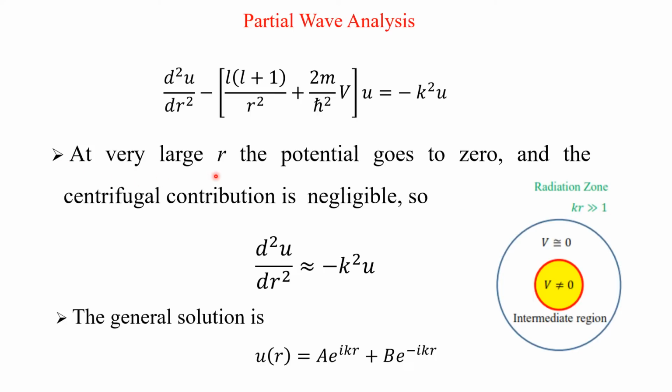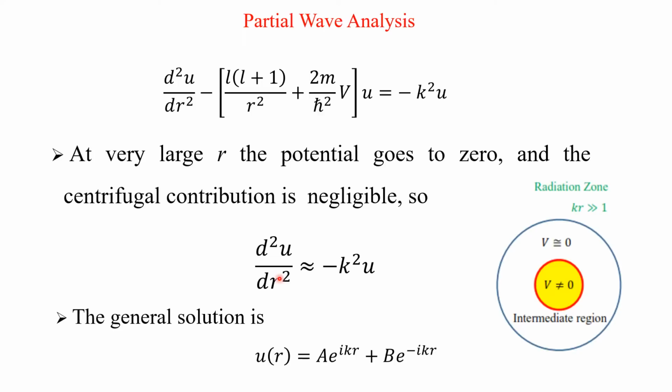So at very large r, the potential goes to zero and the centrifugal contribution is negligible. Here the second term is the centrifugal contribution and the third one is the potential term. Both the second and third terms will cancel out, because the second one is negligible and the third one is zero.